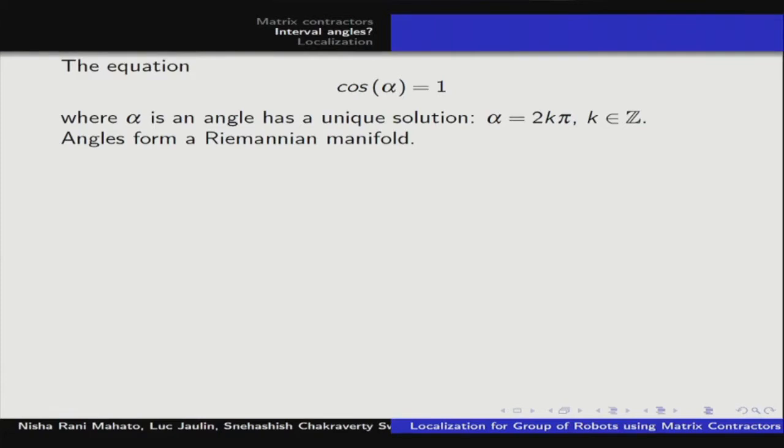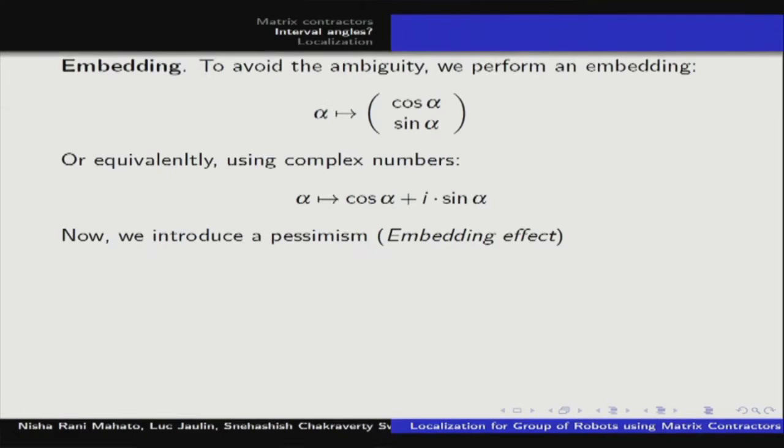When I say angle, it means that 0 is the same angle as 2 pi, or the same angle as minus 2 pi, and so on. So this equation, when alpha is an angle, has a unique solution. And we can write it alpha equal to 2 pi k with k belonging to Z.